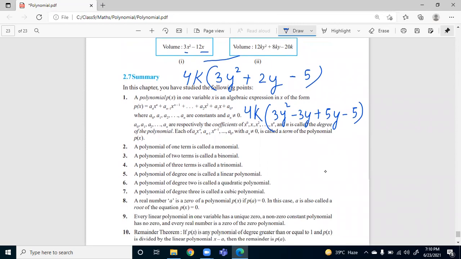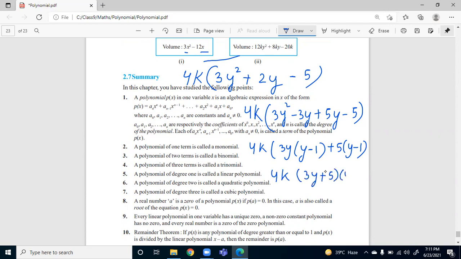So now out of the first two terms, I can again take 3y as common. Then what remains in the bracket? y minus 1. And out of the last two terms, I can take 5 common. Then what remains in the bracket? y minus 1. So I can write finally 3y plus 5 and y minus 1.